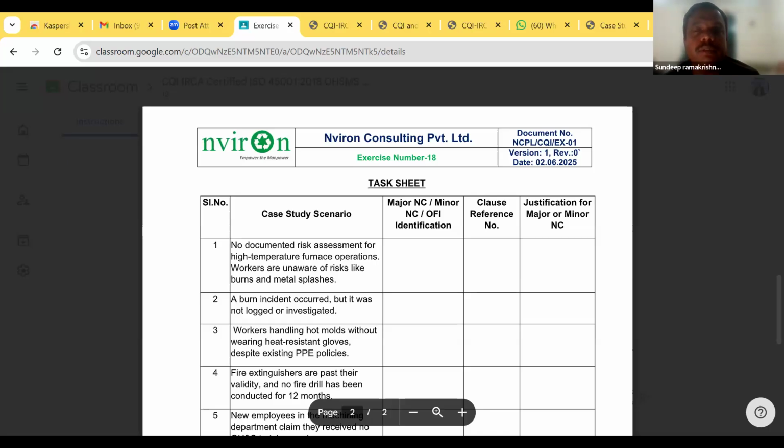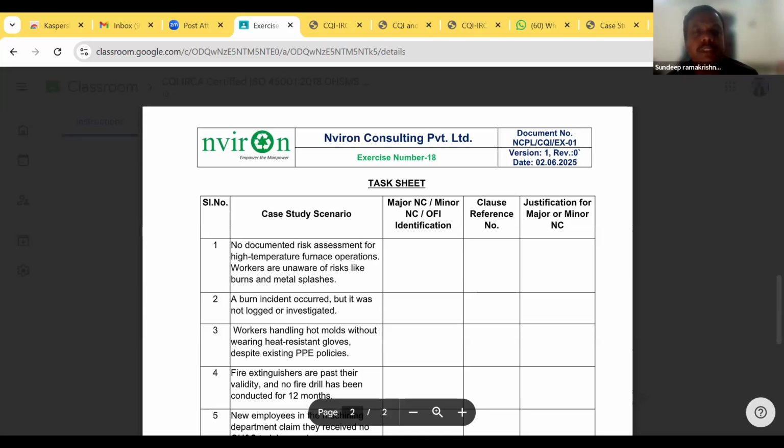Notes are just for your reference. If you give an NC, it should be based on a clause number specifically, not on any note. 10.2 is correct. Major also is correct.